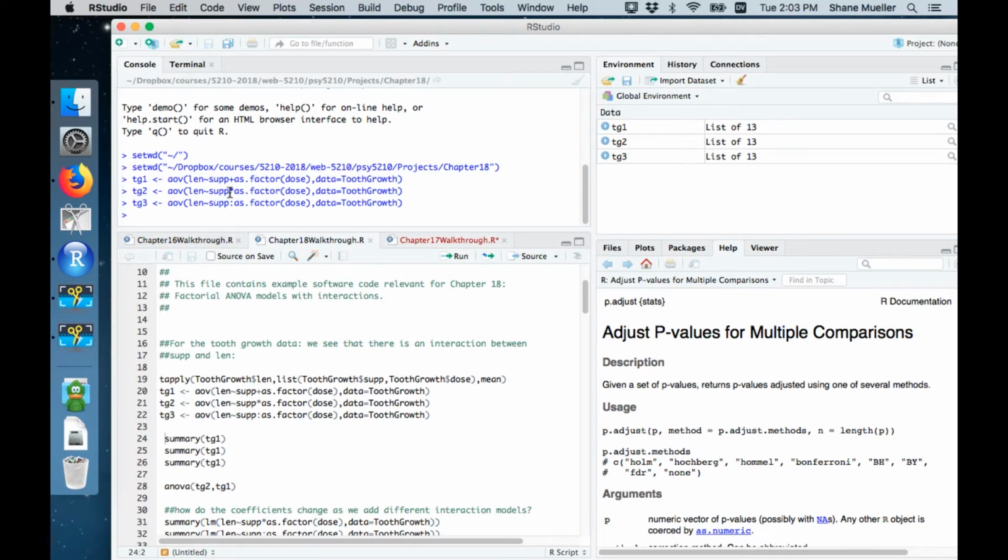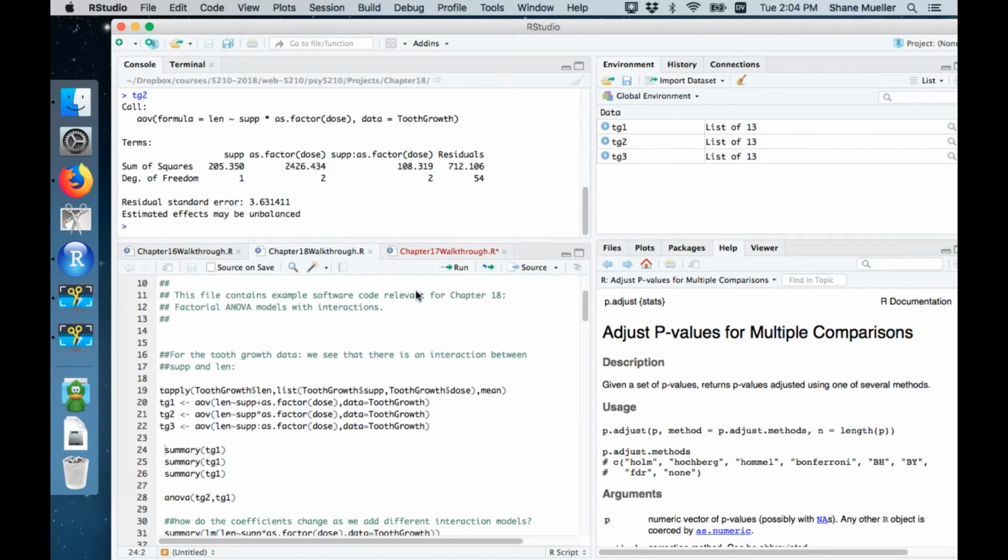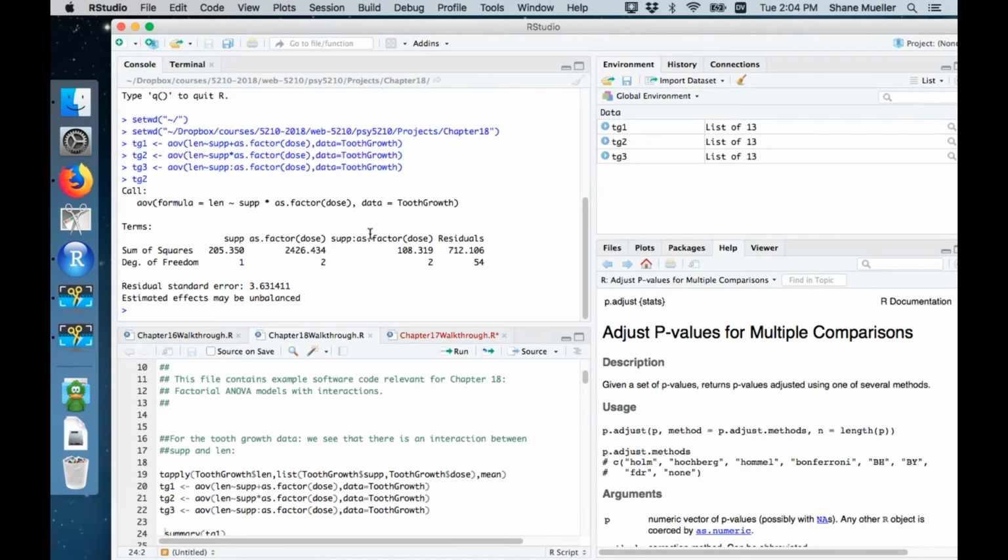It's more common, because of the way these models are framed, to want to include both supplement and dose as main effects and their interaction, and that's what this syntax does. The main difference is this includes just the interaction, and this includes the main effects plus the interaction. So if we look at TG2, you can see it lays out supplement, dose, supplement, and dose.